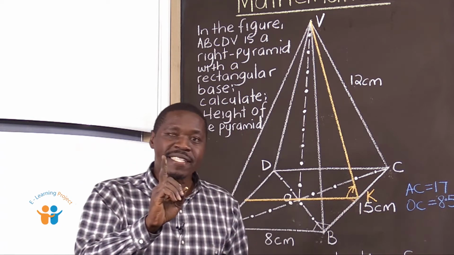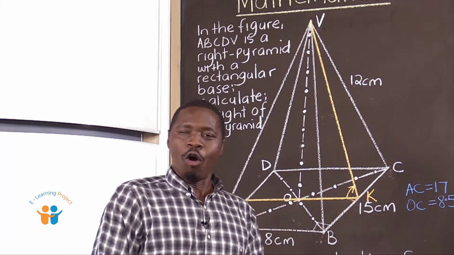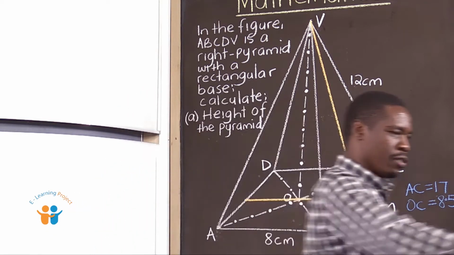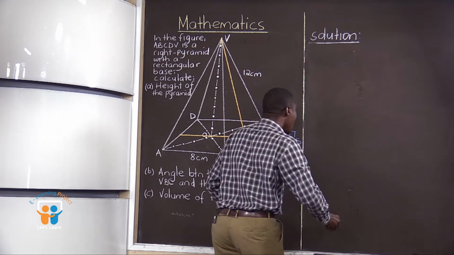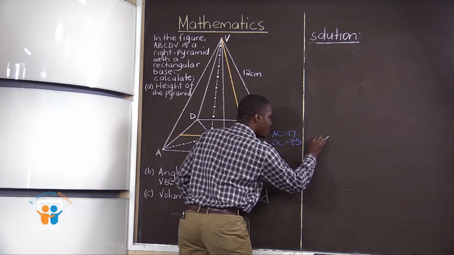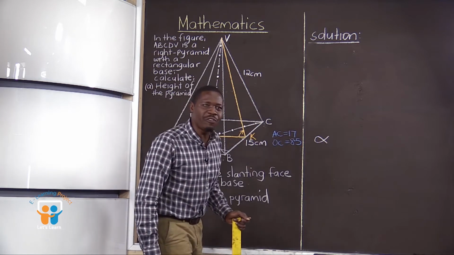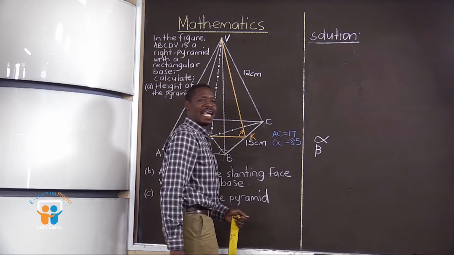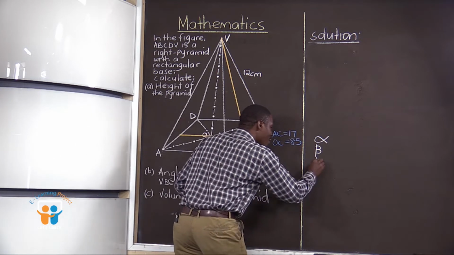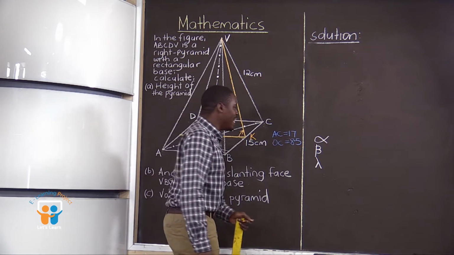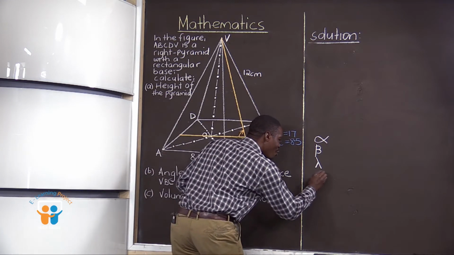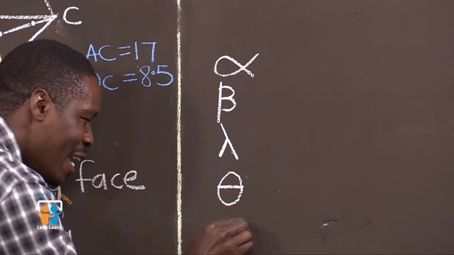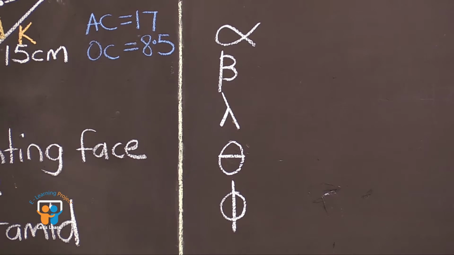But remember, the Greeks gave us a very simple format of having angles whose values we don't know. And those symbols, we can have them here. There is that symbol known as alpha, beta, lambda, theta, phi.